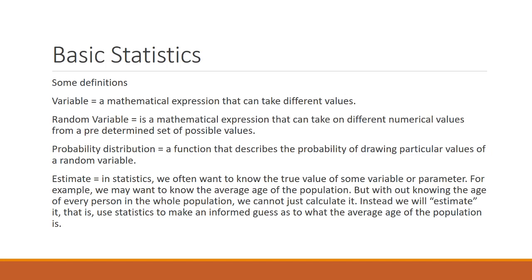As an example, let's imagine that we collected data on income, and I said the distribution of income. The distribution gives us an idea of how many people have a really high level of income, how many people have a moderate level of income, and how many people have very low levels of income.